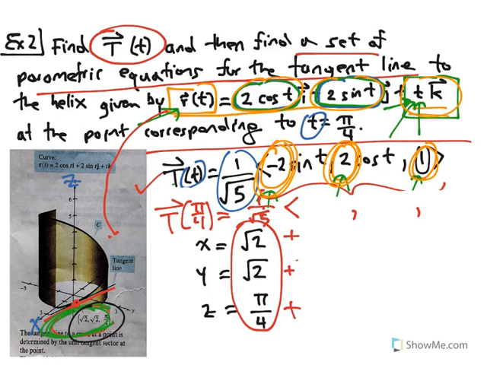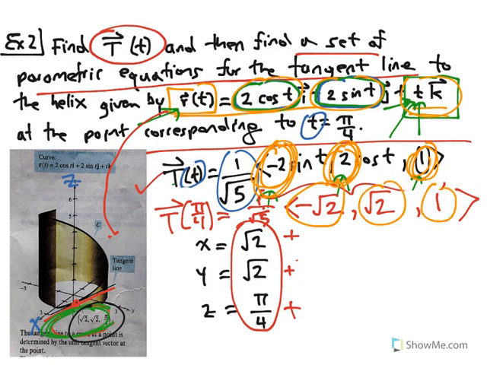And for each of the 3 components, you will have sine of pi over 4, which is square root of 2 over 2, giving you negative square root of 2. And then you'll have 2 times cosine of pi over 4, which is square root of 2 over 2, giving you positive square root of 2, and then you'll have 1. When I said earlier that these were the direction numbers, I actually meant after that particular vector was evaluated at t equal to pi over 4.